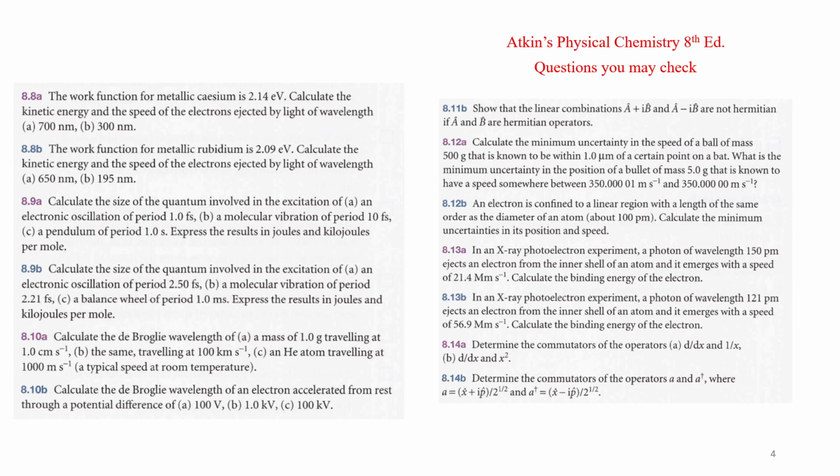So we need to calculate the minimum uncertainty in position and speed. We already got the uncertainty in position, right? That is 100 picometer or 1 angstrom. What about the speed? We have the mass, we have the uncertainty in position, we know the Planck constant, we know the formula, we'll put it in and get something. So we'll not do it here, okay? Because it is a similar problem.